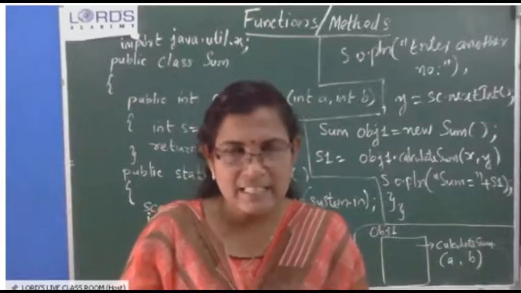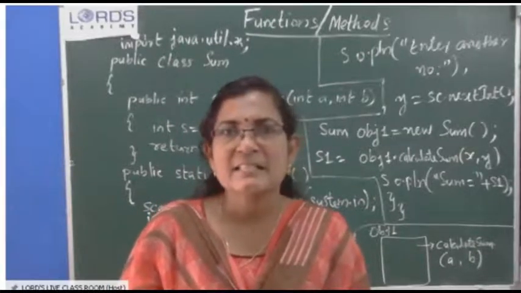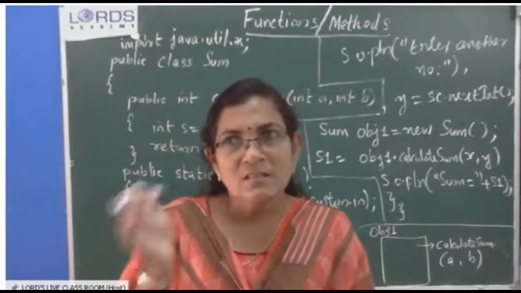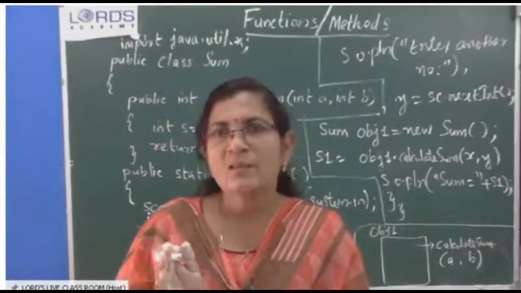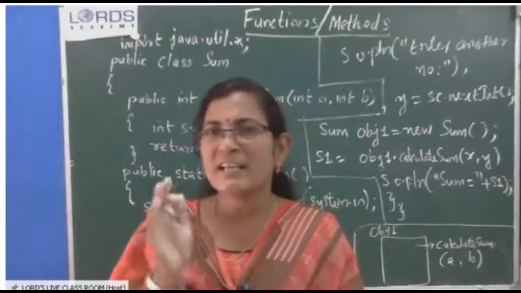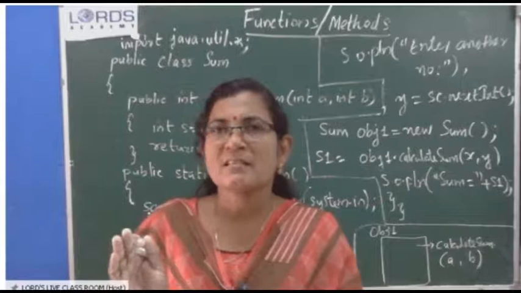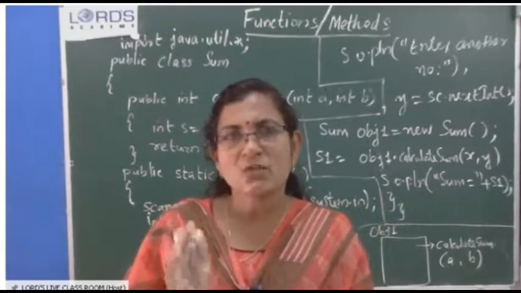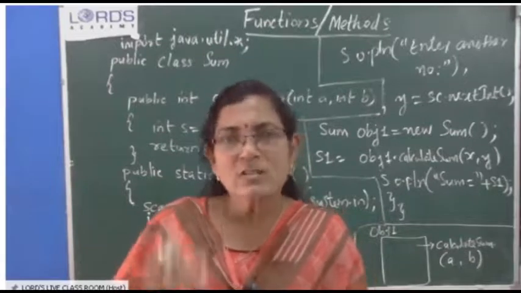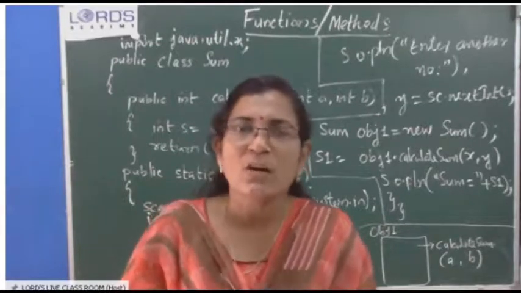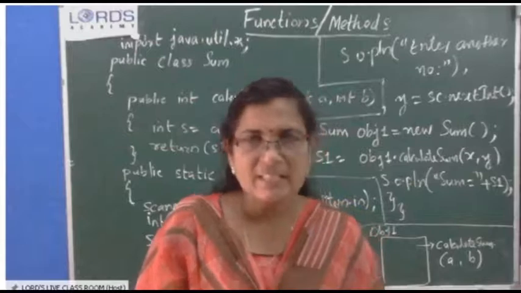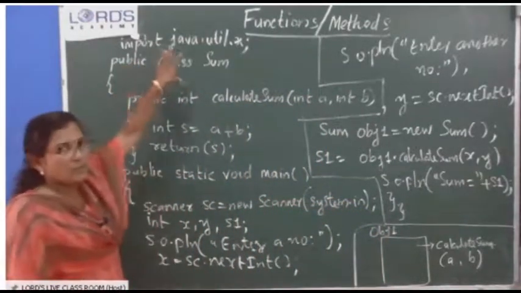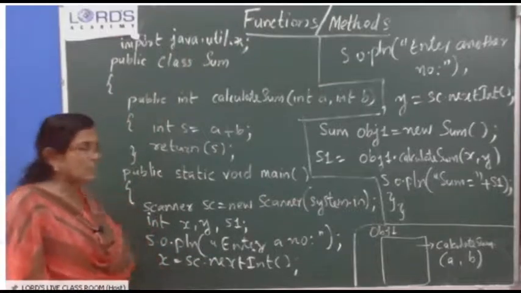The question is like this: write a class called sum to calculate the sum of any two integers. So, a non-static method should be written, and also write a main method to invoke the non-static method calculate sum. Okay.